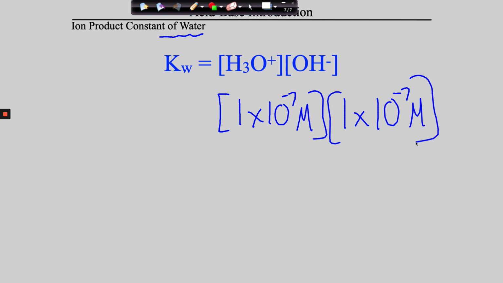At room temperature, the molarity of both the hydronium and the hydroxide ion are 1 times 10 to the negative 7th. Guys, you ready for the aha moment? That's why the pH of water is 7.